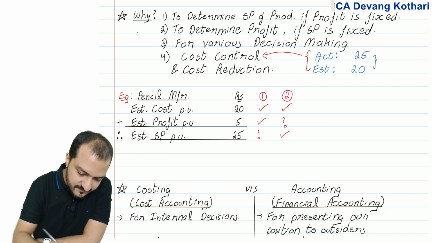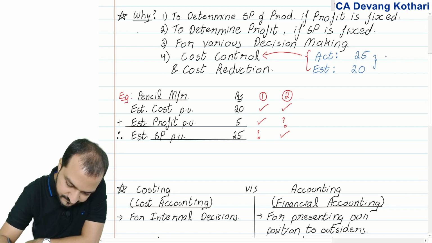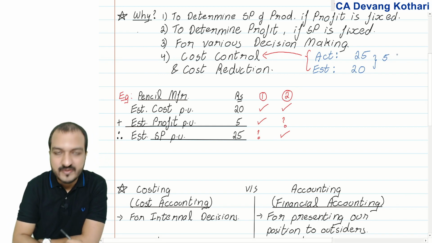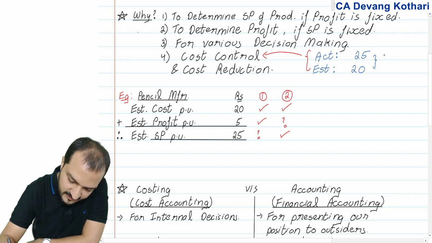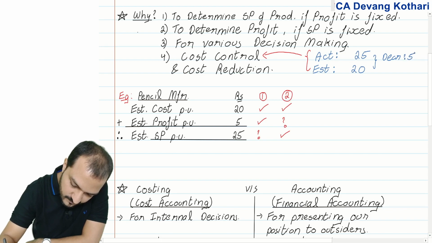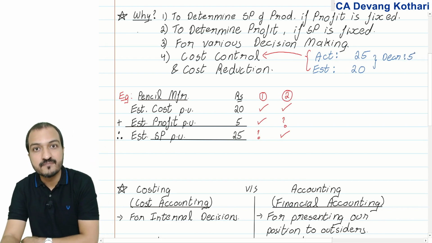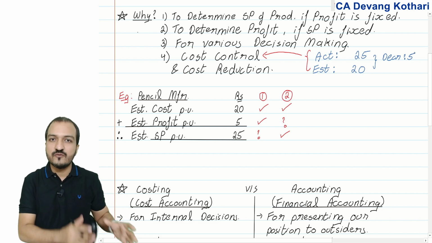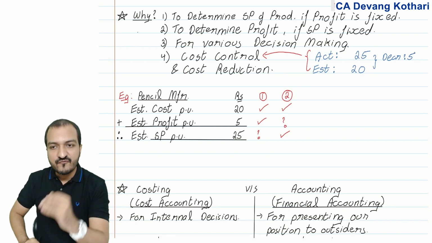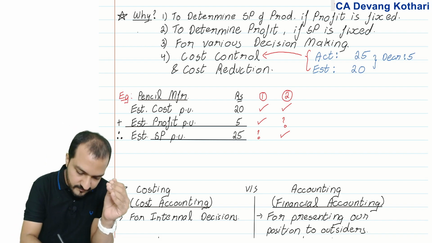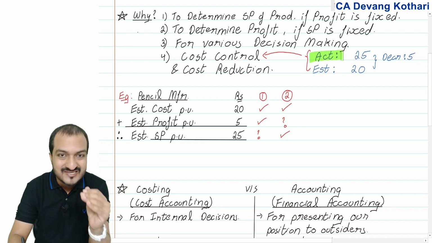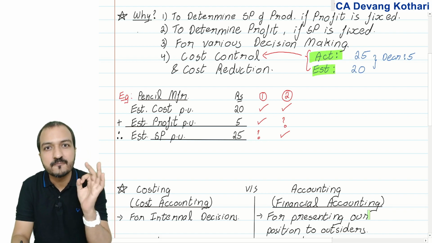You analyze why you incurred 5 rupees extra, and you try to decrease that extra 5 rupees cost in the next year by finding out where you went wrong. Cost control means to control my actual cost, bring it down till the estimate.